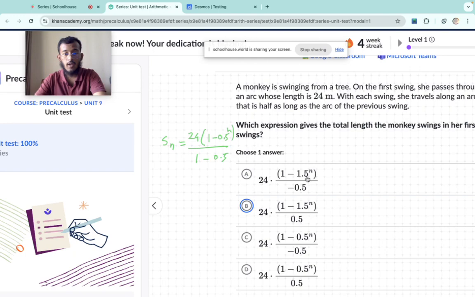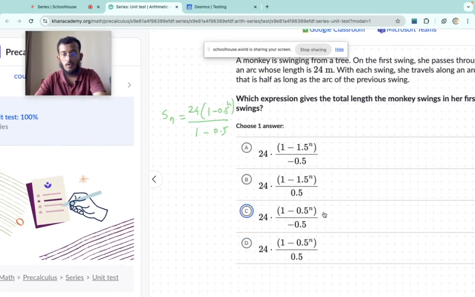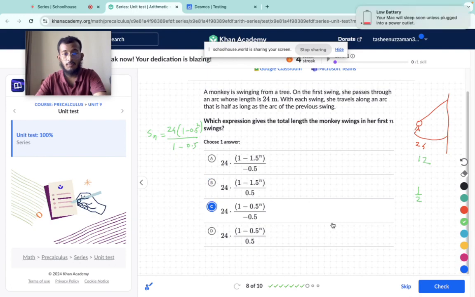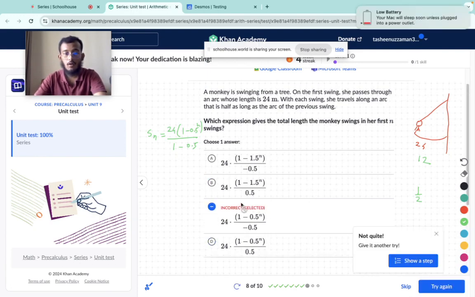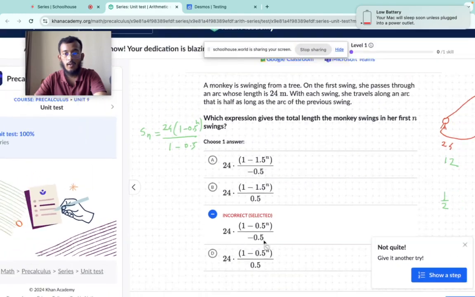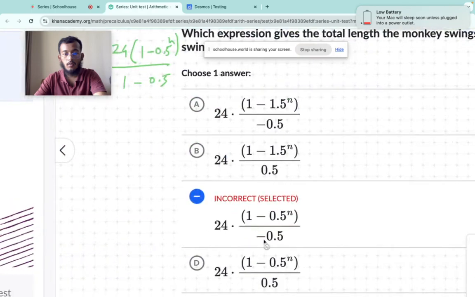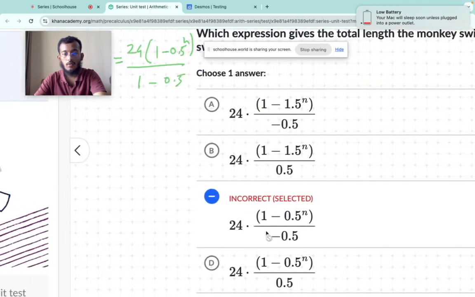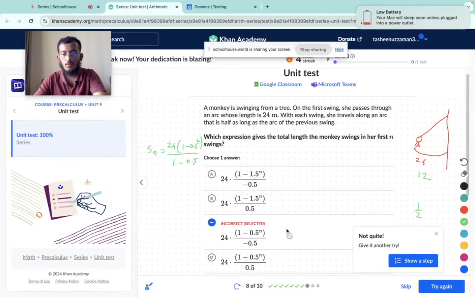Definitely not A and B, because 1.5 is not 0.5. So the only difference is negative 0.5 and 0.5 between C and D. You will see it will be 0.5, because 1 minus 0.5 is 0.5, 24 into 1 minus r, into 1 minus 0.5.